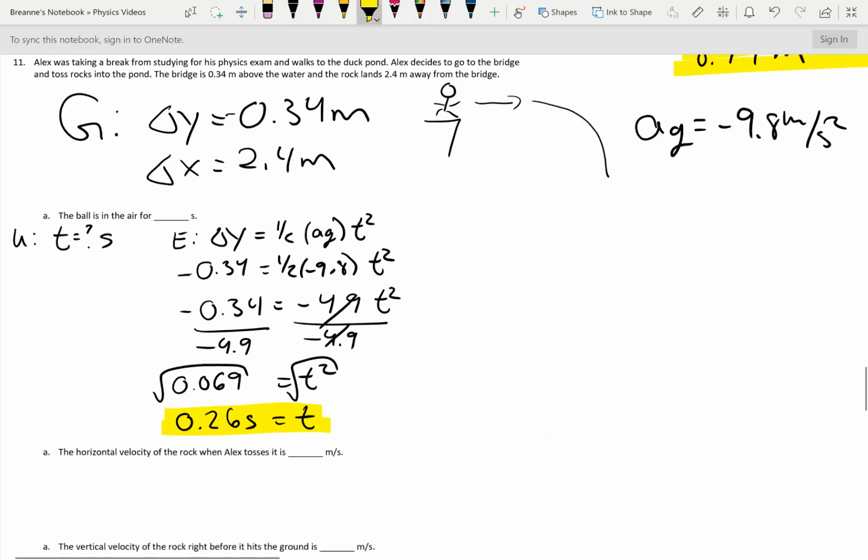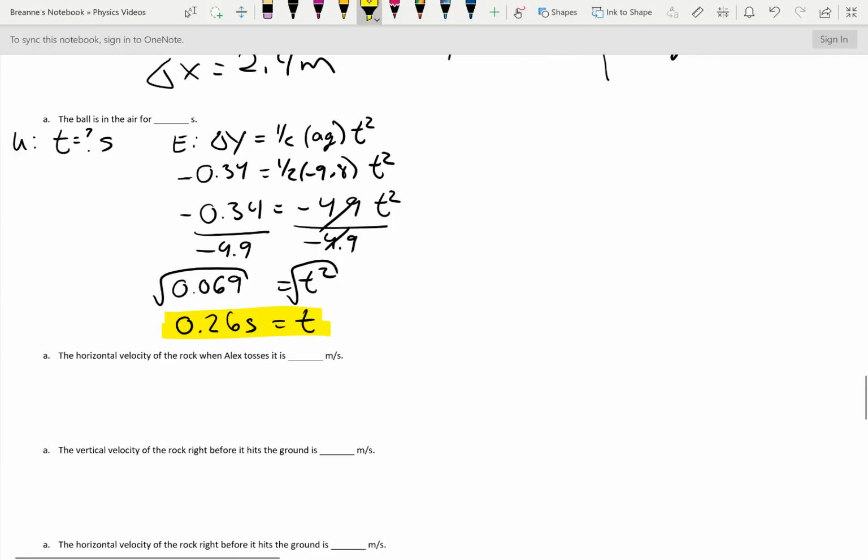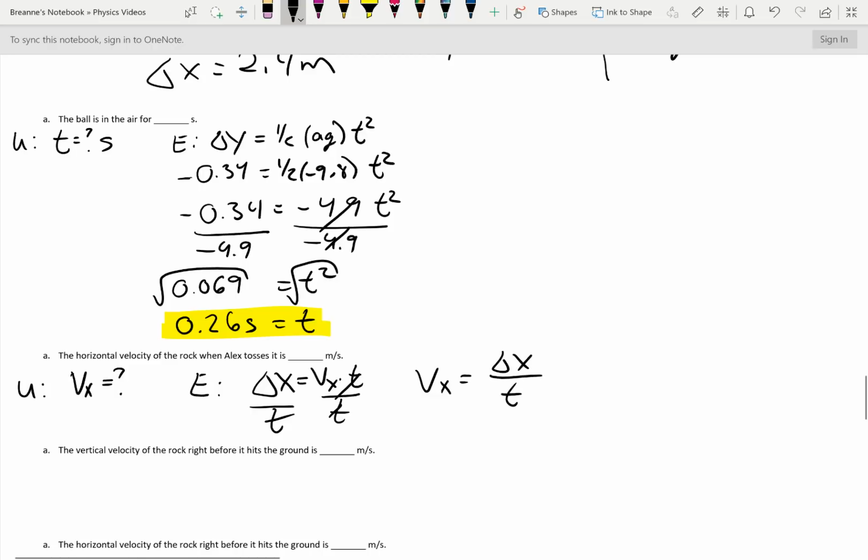That becomes part of our givens. Next: what is the horizontal velocity of the rock when Alex tosses it? Our unknown is now Vx. The only velocity equation we have is delta x equals Vx times t, so Vx equals delta x divided by t.